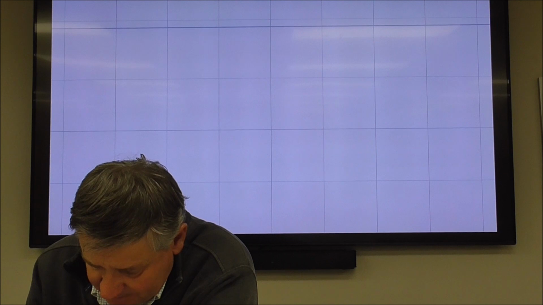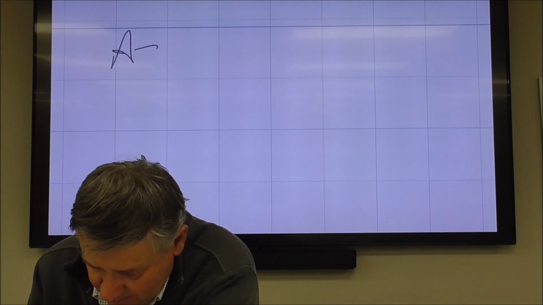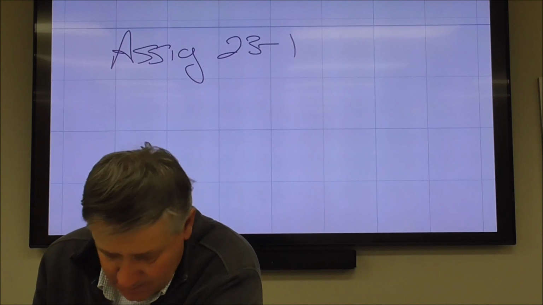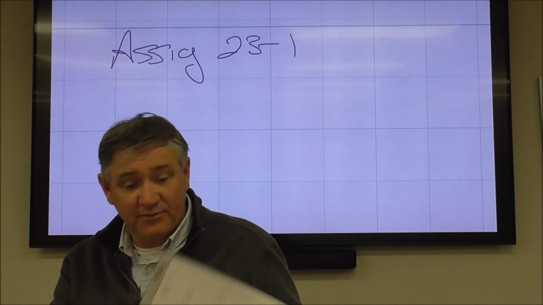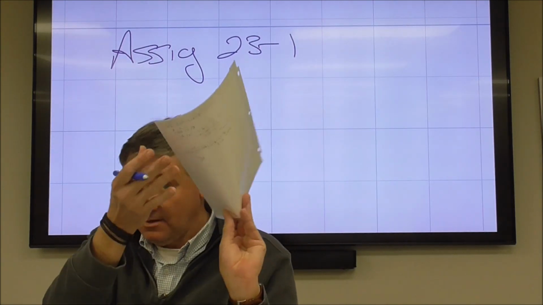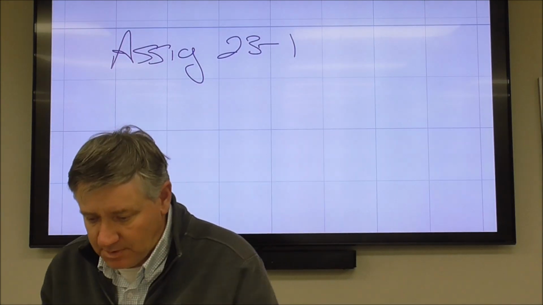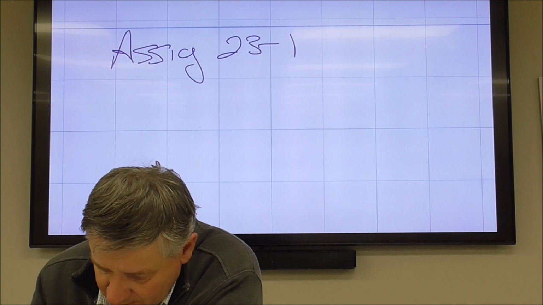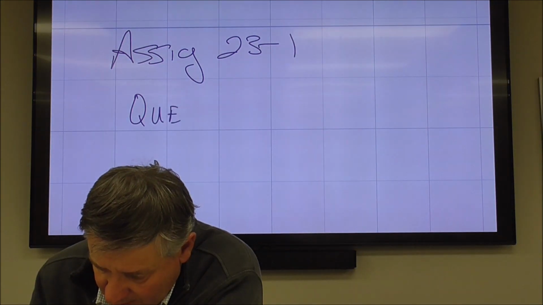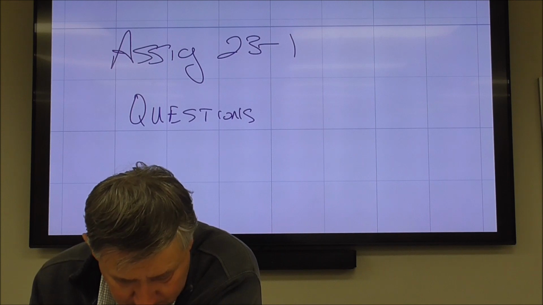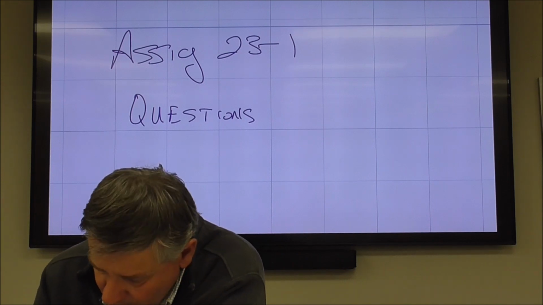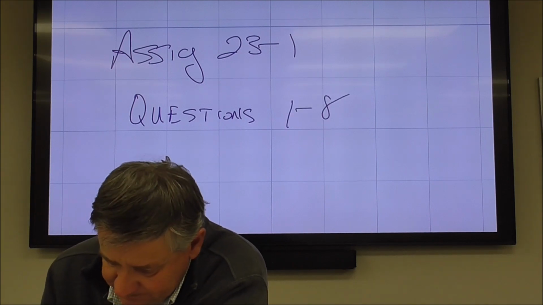So this is out of chapter 23. And this isn't too bad. Okay, for reference, it took me this and this, okay, so not horribly. So you got questions 1 through 8.